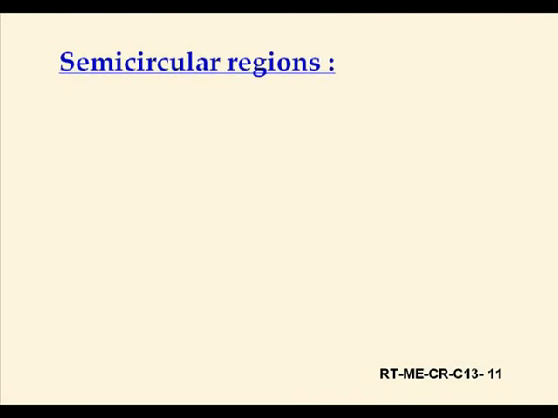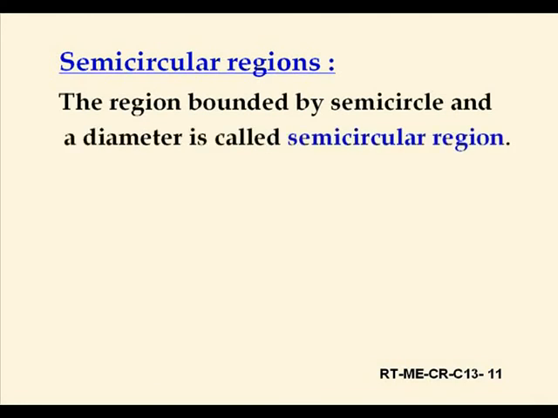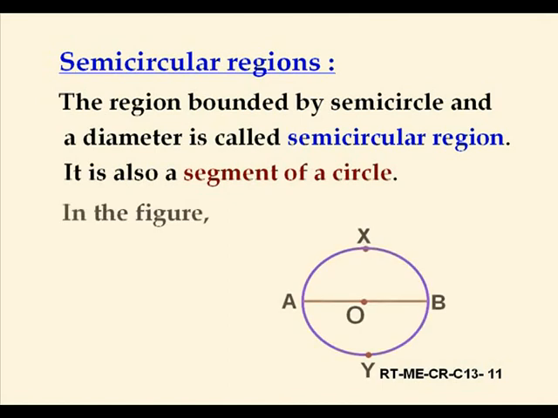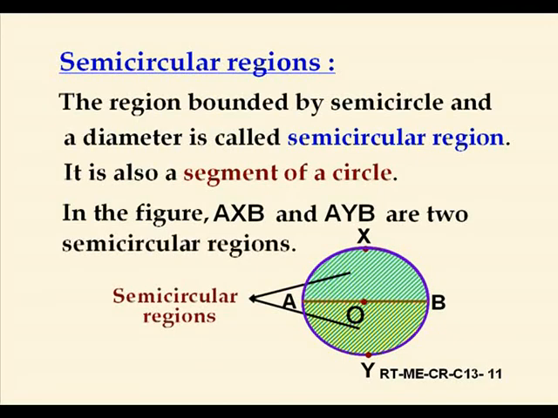Semicircular regions. The region bounded by semicircle and a diameter is called semicircular region. It is also a segment of a circle. In the figure, AXB and AYB are two semicircular regions.